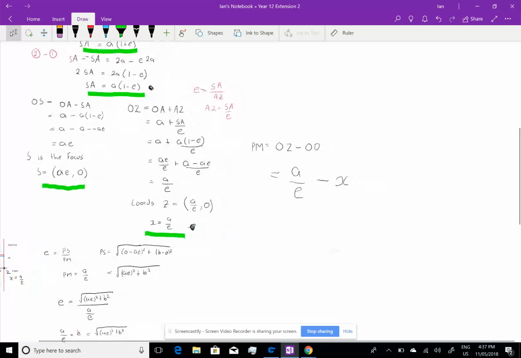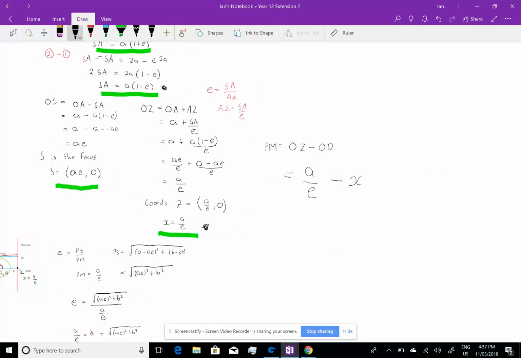Remember also that E equals PS over PM. So PS equals E PM.